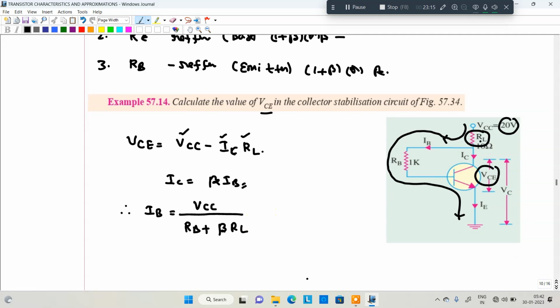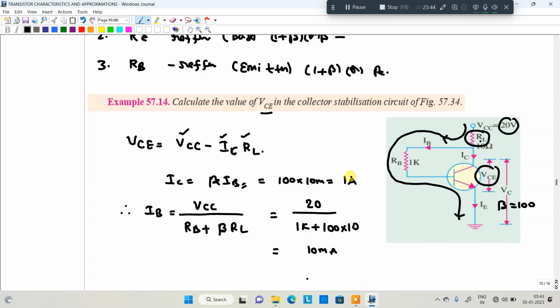VCC is 20, RB is 1K, and the beta value is mentioned as 100. So 100 into RL, which is 10, gives IB as 10 milliamperes. Once you get the IB value, substitute here: 100 into 10 milli is equivalent to 1 ampere.